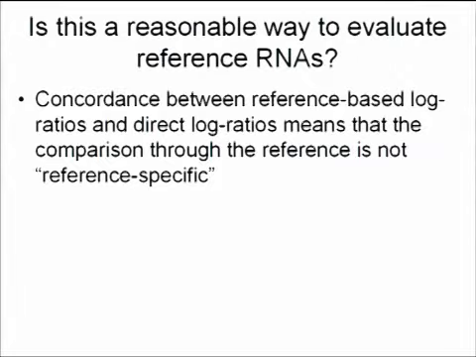And then returning to this question, is this a reasonable way to evaluate reference RNAs? As I said before, I don't think it's an ideal way. We're not directly answering how well you answer a scientific question of interest. But I think that looking at the concordance between these reference-based log ratios and the direct log ratios means that if those agree well, then the comparison through the reference is not reference-specific.